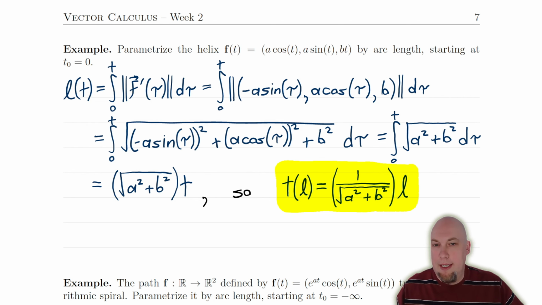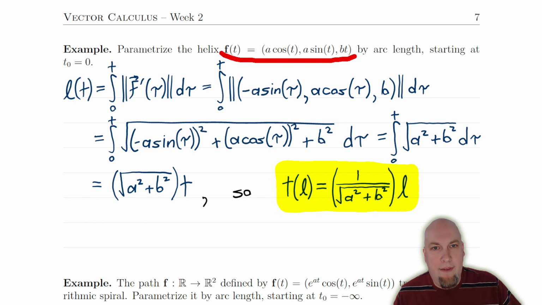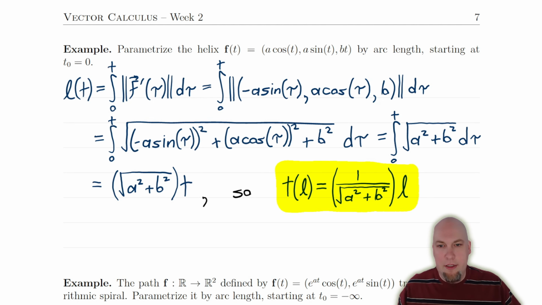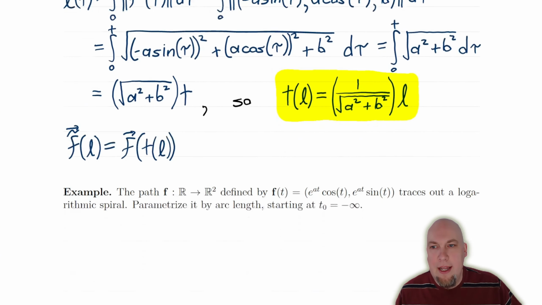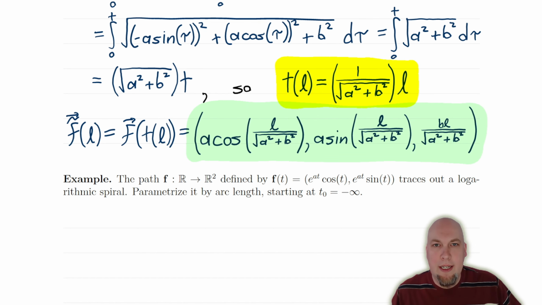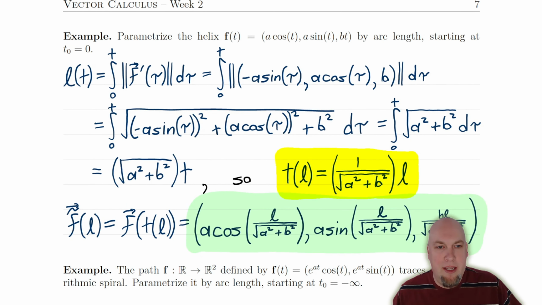Last but not least, you go back to your original function and say, f of t equals this, but t equals that. Just substitute this t in for all the t's up here and you're done. What you get is f tilde of L, my new path, my new parametrization, which is f of t of L. Just replace all the t's in f of t by this new formula.